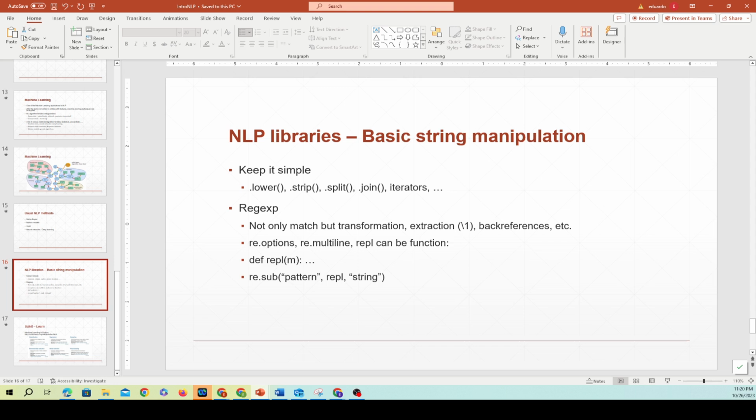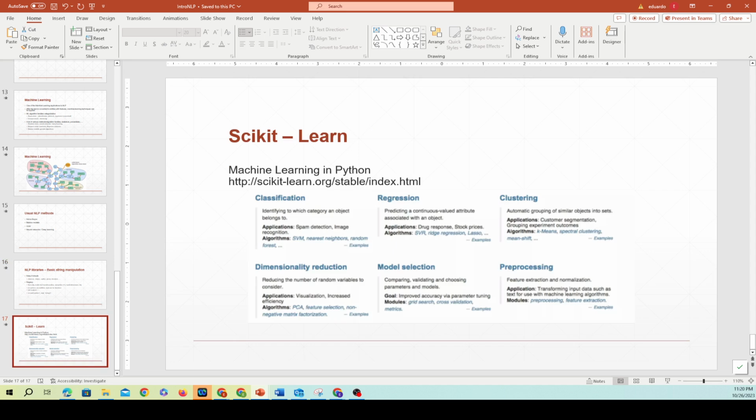And for the regex, not only match but transformation, extractions, back references, etc. Use the read options, read multiline, REPL can be a function. We can define REPL, and then the pattern and the replicate string.